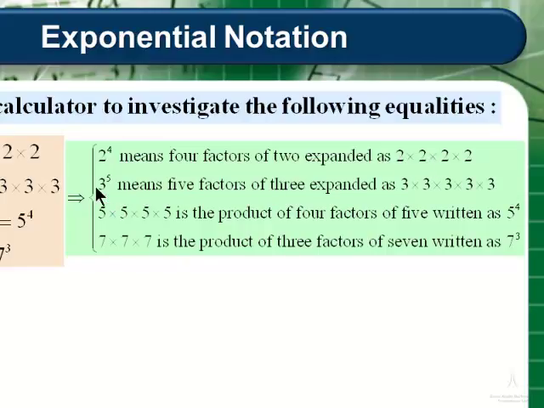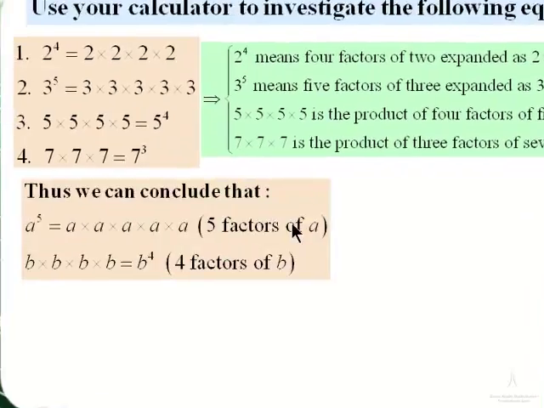In the same way, 3 to the power 5 is identical to 3 multiplied by itself 5 times, while 5 multiplied by itself 4 times can be written as 5 to the power 4. In a similar way, 7 multiplied by itself 3 times can be written as 7 to the power 3.